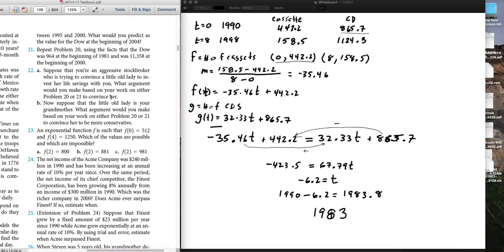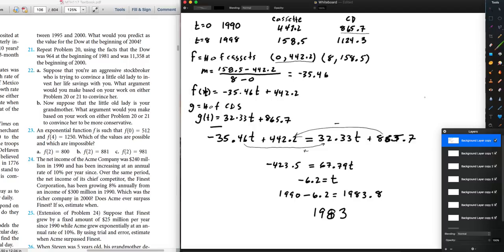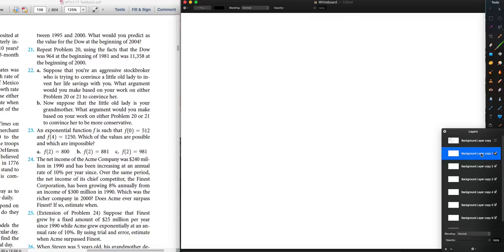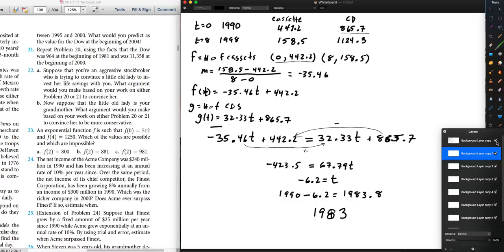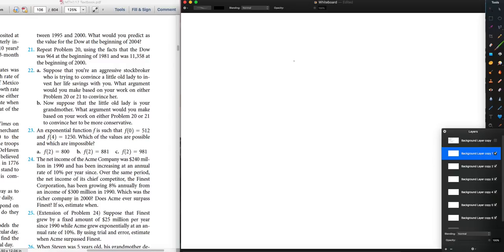Now, there are two ways to do this. One of the ways is to actually construct the function.